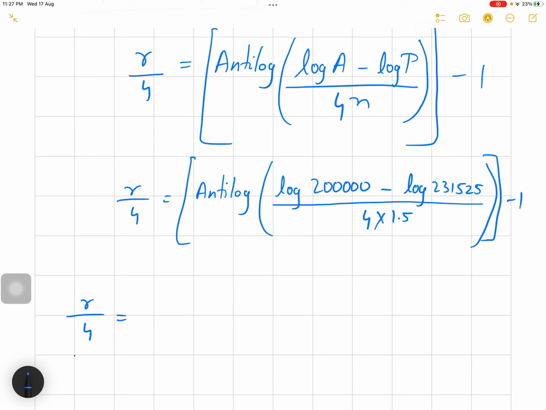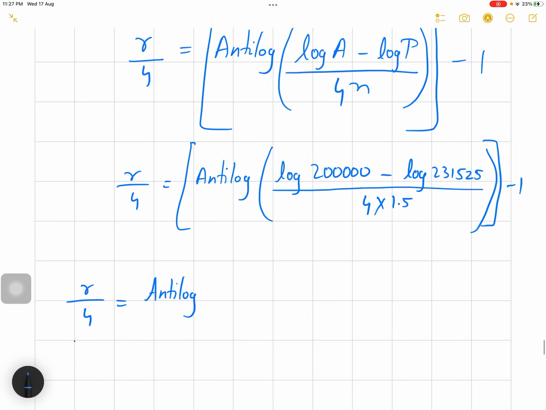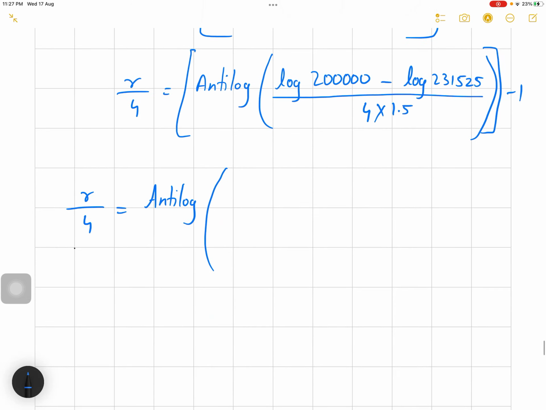So r divided by 4 is equal to anti-log. Okay, first we'll solve this bracket. So log 2 lakh. In 2 lakh there are 6 digits.